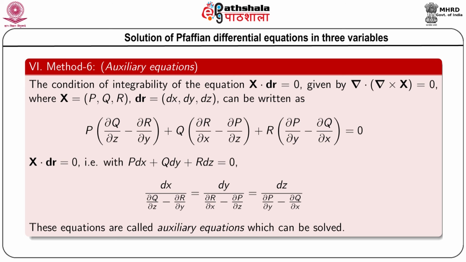So, in this procedure, from a Pfaffian differential equation we are constructing an auxiliary equation which is a simultaneous equation. Now, using the methods of solving a simultaneous equation, we shall try to find the integral of the Pfaffian differential equation.